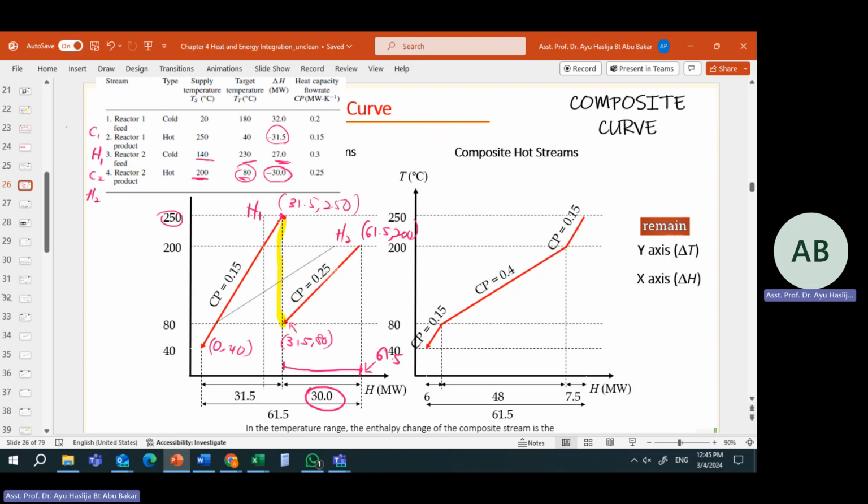If you have a third stream, H3 will start from this point, 61.5 on the x-axis, and the distance depends on the delta H. The end of the first stream will be the starting point of H2.